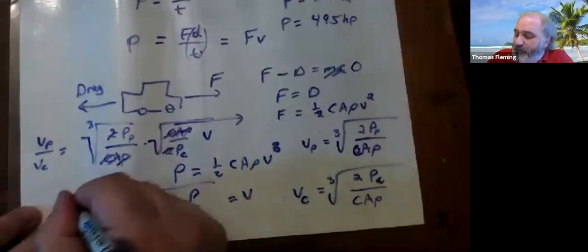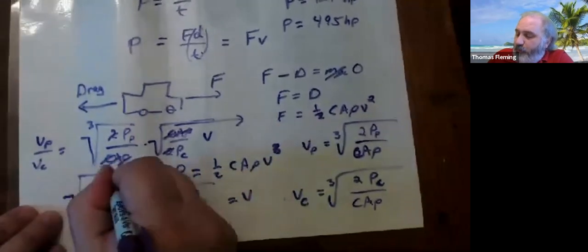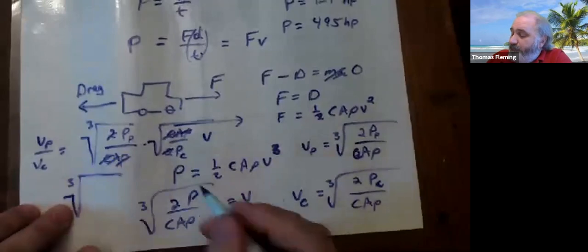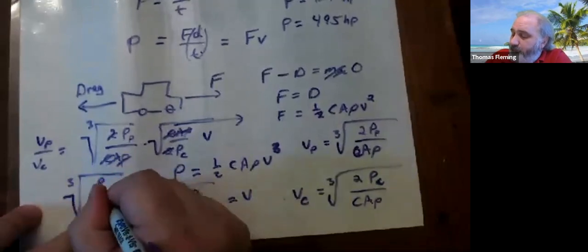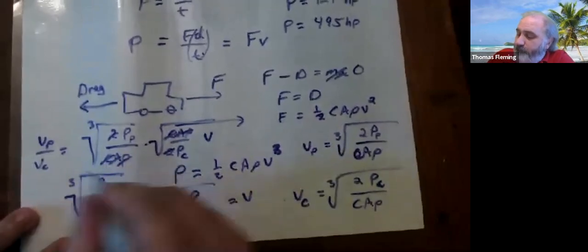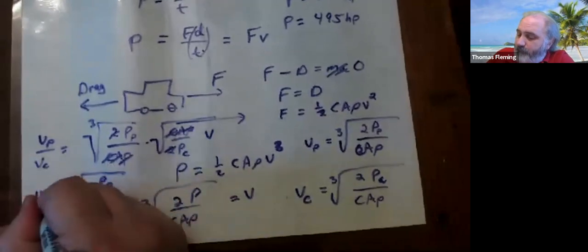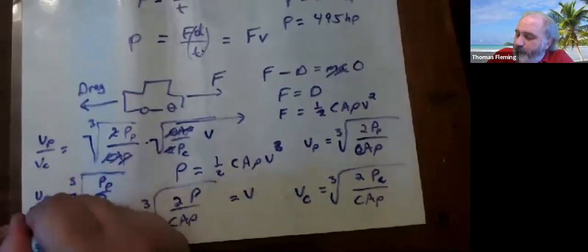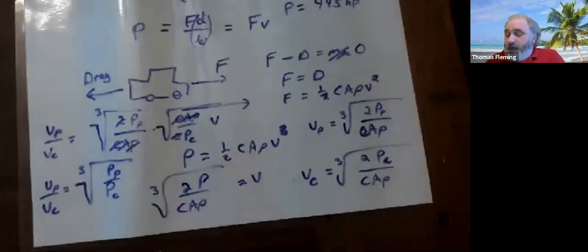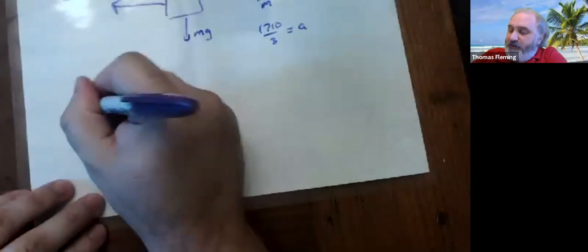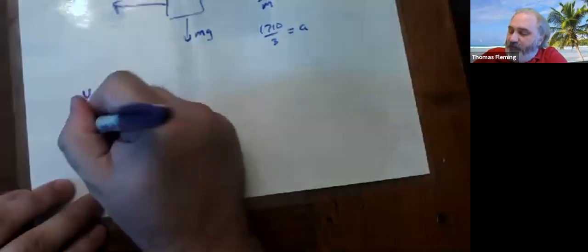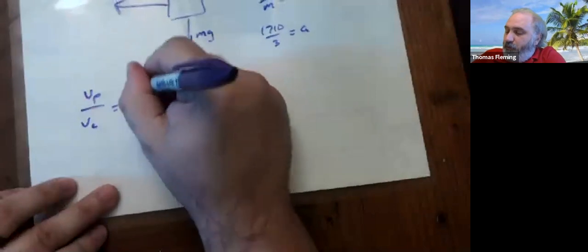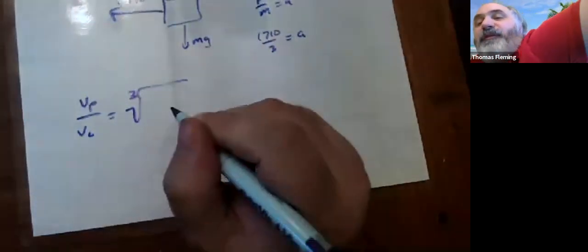I'm going to end up with just the cube root of the ratio of the powers. So the top speed of the Prius over the top speed of the Corvette is equal to the cube root of the ratio of their powers.